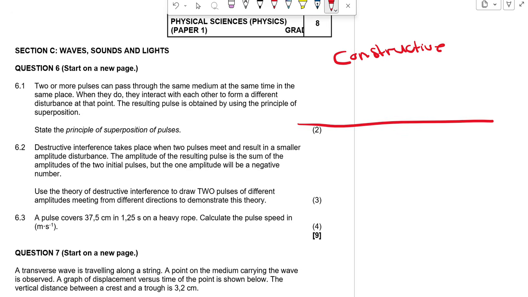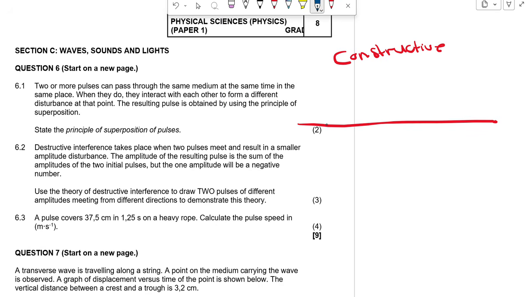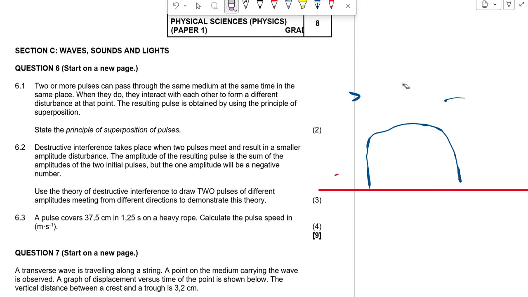Constructive is when we have something like this. This one will be like this, going this way, and another one will be like this, going this way. This is constructive. They are going to construct. They will result in something bigger. You see, something big. But now we are asked to do what?